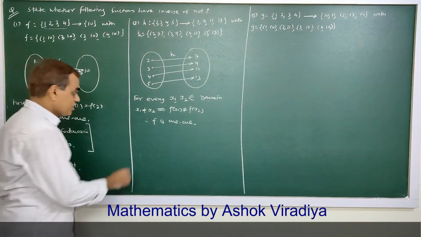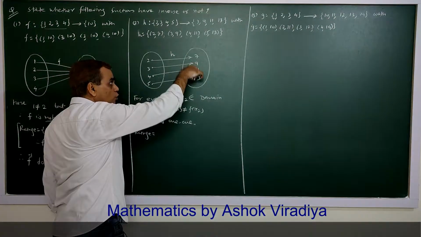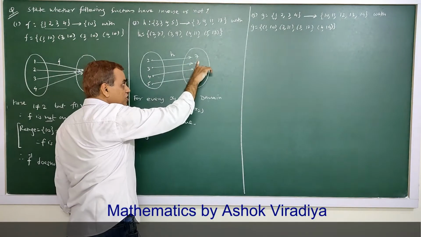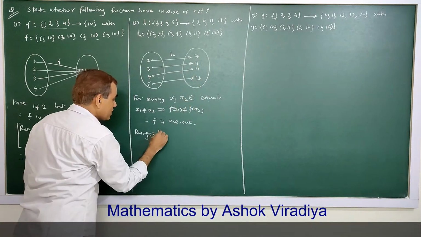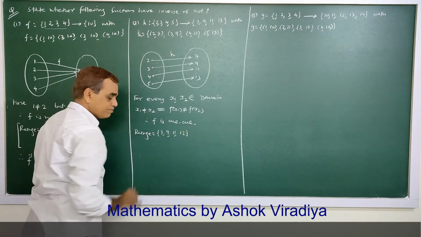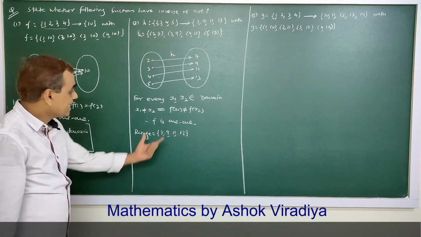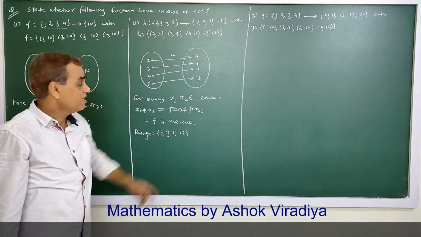What is its range? Range is the set of outputs. 7 is an image, 9 is an image, 11 is an image, 13 is also an image. So the set of images is 7, 9, 11, 13. And the same is the codomain.